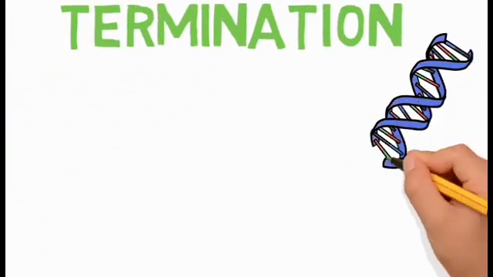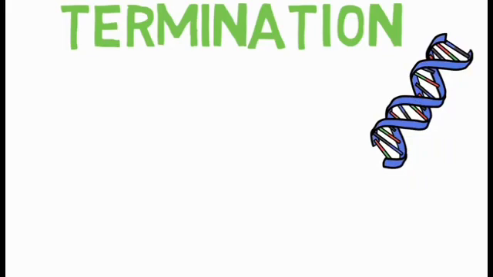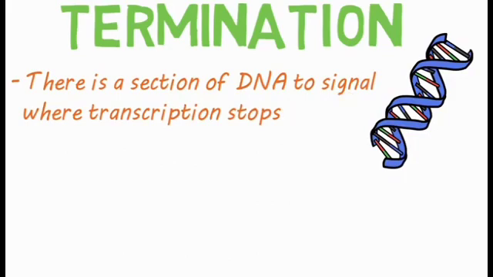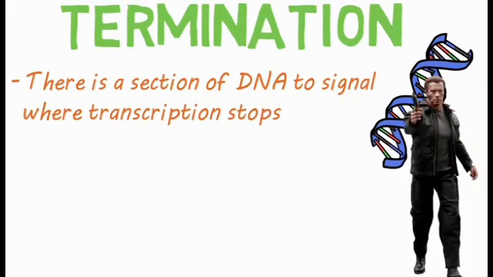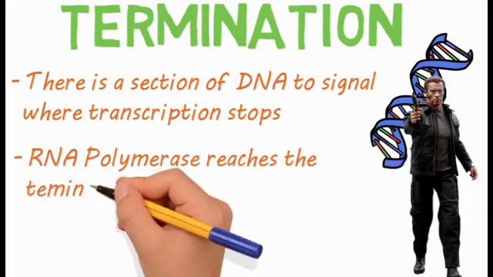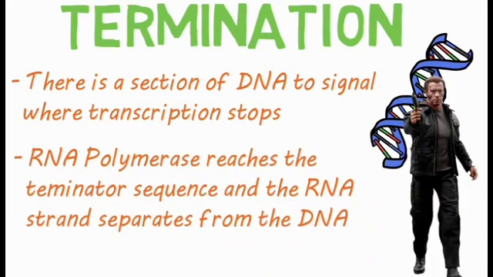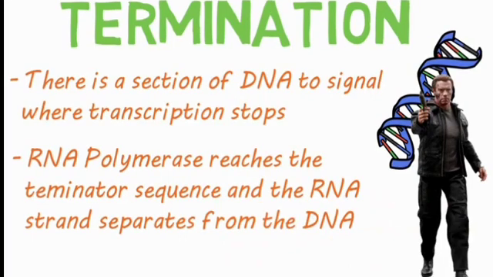Now termination. There is a section of DNA that signals where transcription starts, and there is a section of DNA that signals where transcription stops. This section of DNA is called the terminator sequence. Once the RNA polymerase reaches the terminator sequence, the RNA strand separates from the DNA.